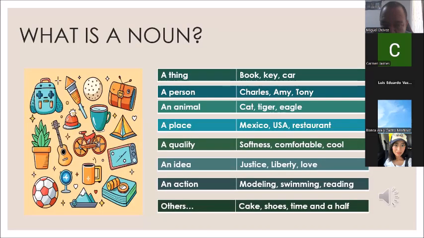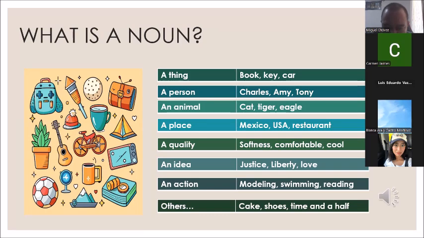What is a noun? Nouns make up the largest class of words in most languages. A noun is a word that refers to a thing: book, key, car; a person: Charles, Amy, Tony; an animal: cat, tiger, eagle; a place: Mexico, USA, restaurant; a quality: softness, comfortable, cool; an idea: justice, liberty, love; or an action: modeling, swimming, reading.